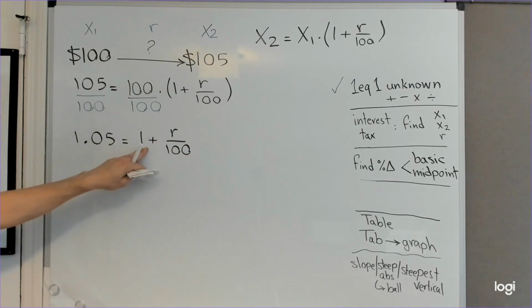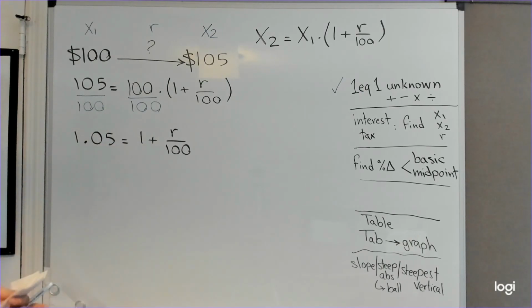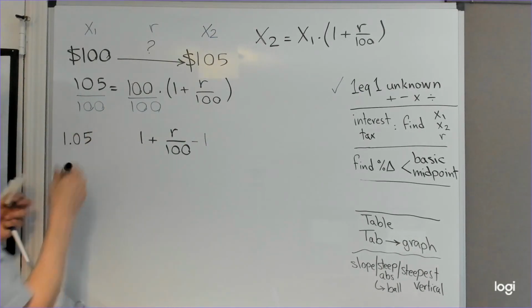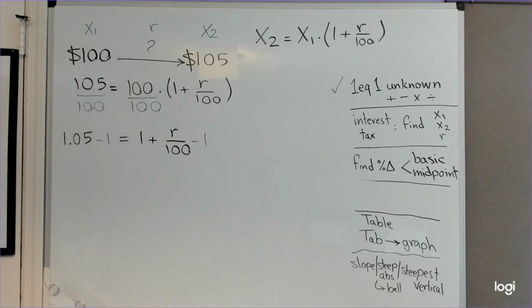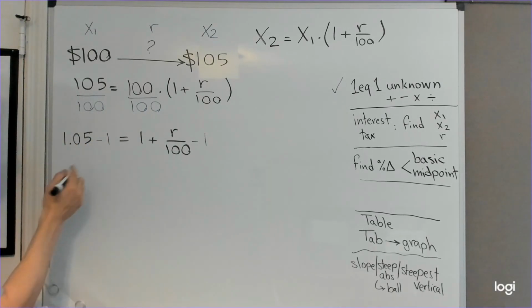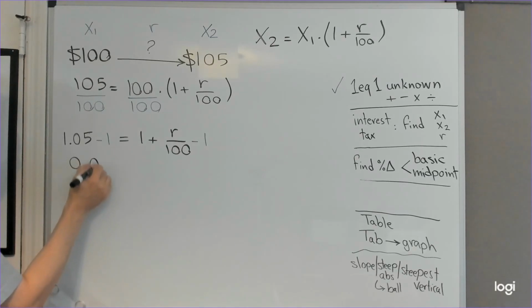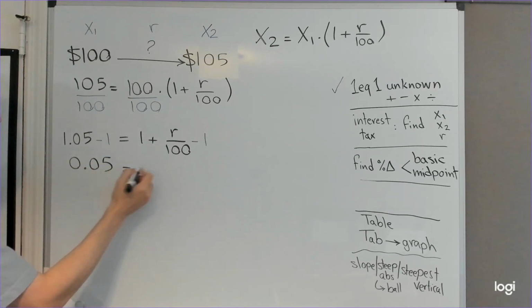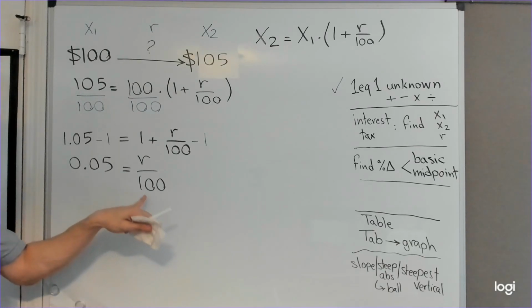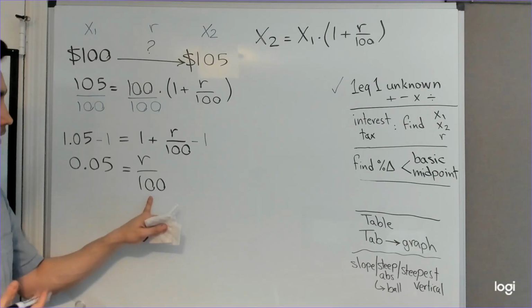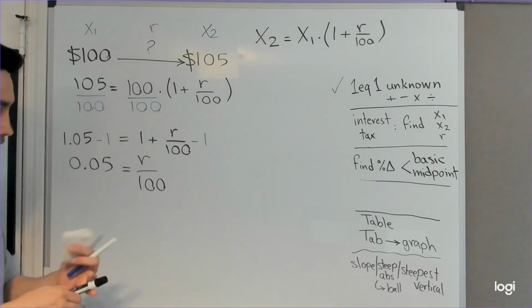Let's eliminate the 1 that I have here. Subtract 1 and also subtract it from the other side. 1.05 minus 1 is just 0.05. And on the right I have r over 100. Now the only thing that I'm left with that I have to eliminate is the 100 that I have in the denominator.